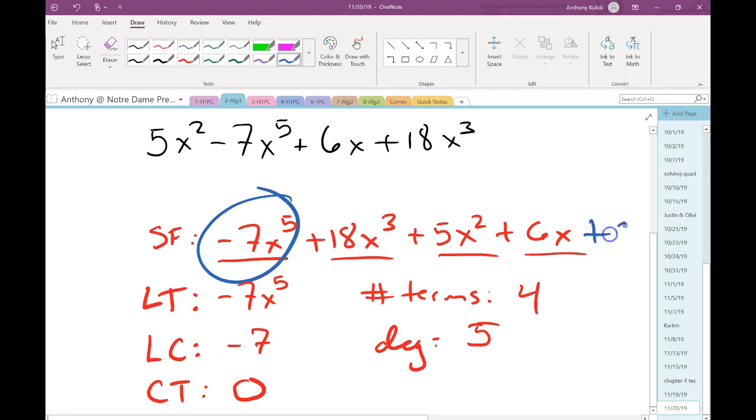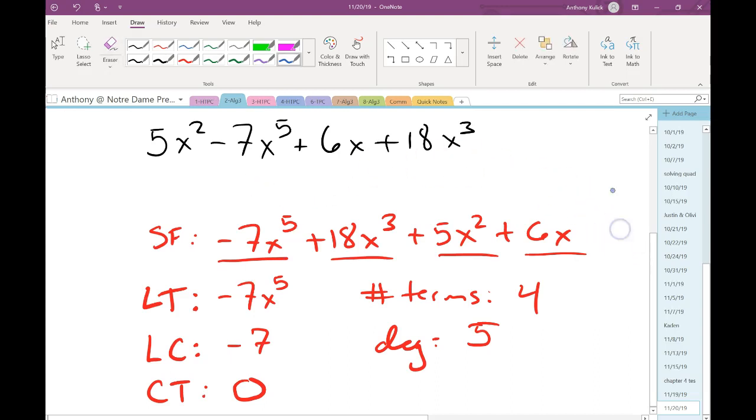Because we could always write plus 0 at the end, right? So the constant term is the term that has no variables on it. Here, all of our terms have variables on it, so there is no constant term. Okay, that was basically what we did yesterday.